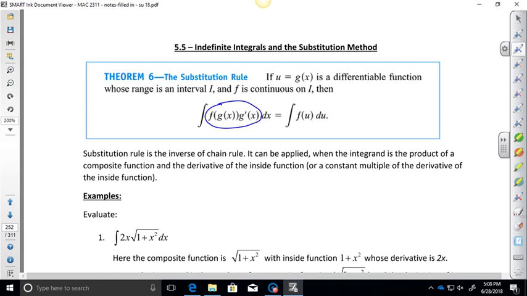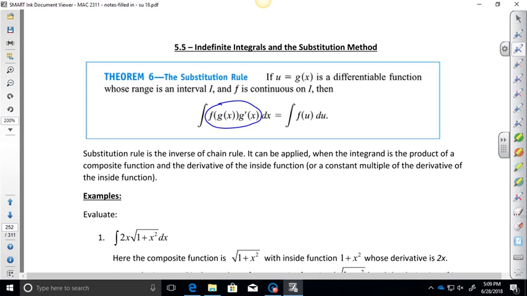Another example is the integral of f of x equals 1 over x squared plus 5x plus 7. Which one is the inside function? x squared plus 5x plus 7, right?